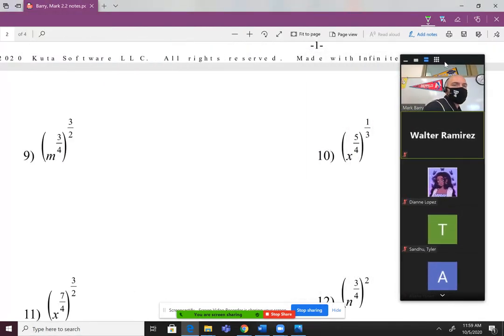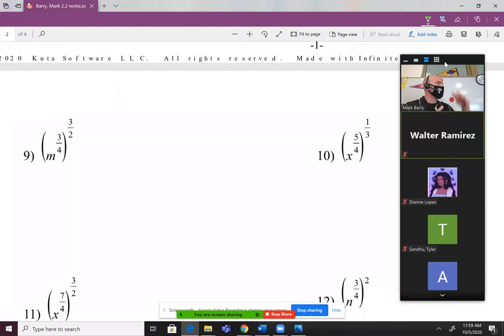Okay, now we're going to kind of switch gears here. So now we have one base with 2 exponents, okay? With the parentheses, we got an exponent on the inside and an exponent on the outside. So what's going to change here is that these fractions are no longer going to be adding, okay? It's adding if we have 2 of the same base multiplying.